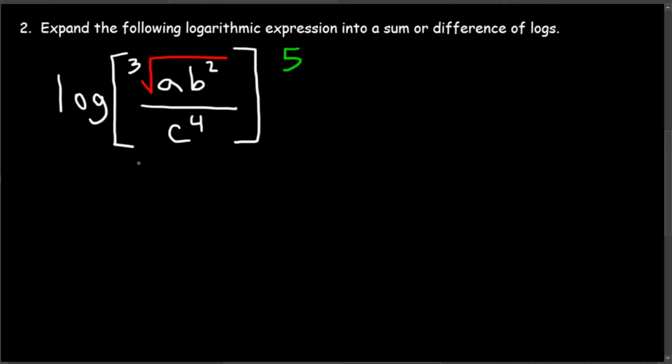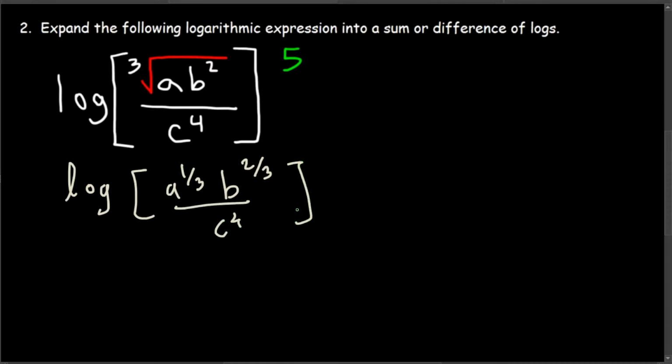Now let's go ahead and write it in that format. So this is going to be a power 1 over 3, and this is going to be b power 2 over 3, and this c power 4 remains the same, and then power 5. The power 5 we can bring in front of the logarithm.